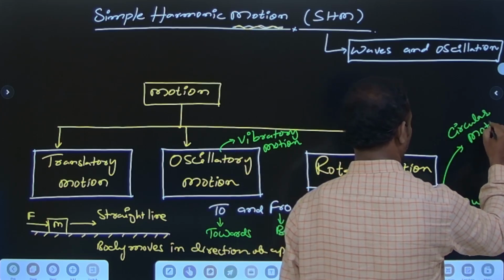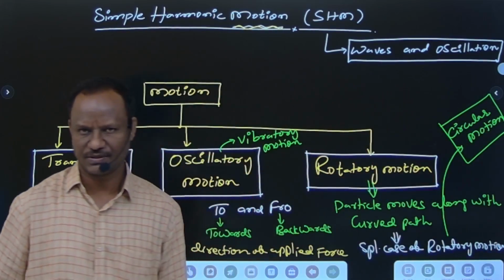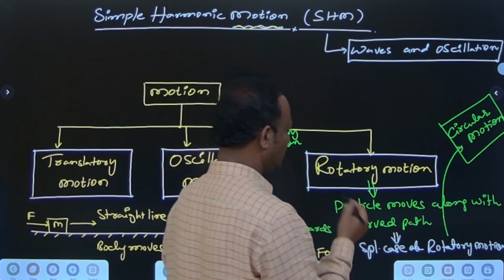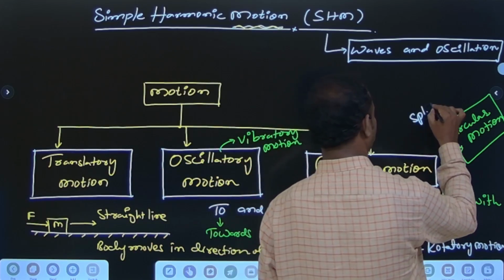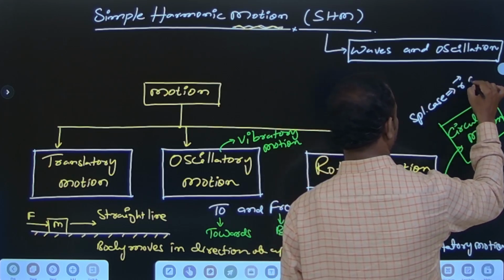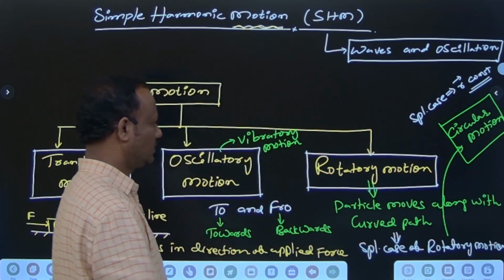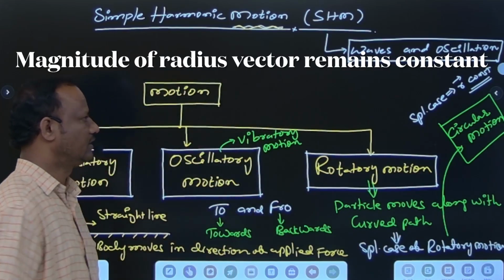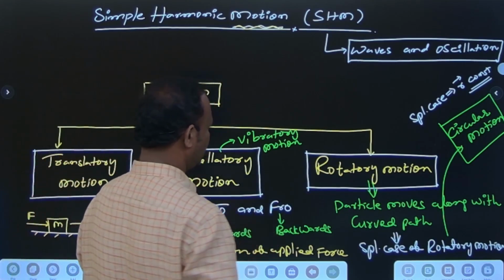The special case is that the radius vector remains constant. Radius remains constant. So this is about rotatory motion.